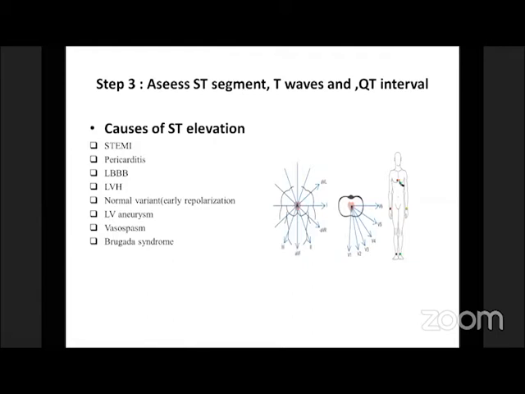For example, we have a long list of differential diagnoses, starting from STEMI, pericarditis, left bundle branch block, left ventricular hypertrophy, or could be a normal variant, which we call early repolarization syndrome, LV aneurysm, vasospasm, or Brugada syndrome. And of course, we have other causes. I put some examples for each of them to make it easy.